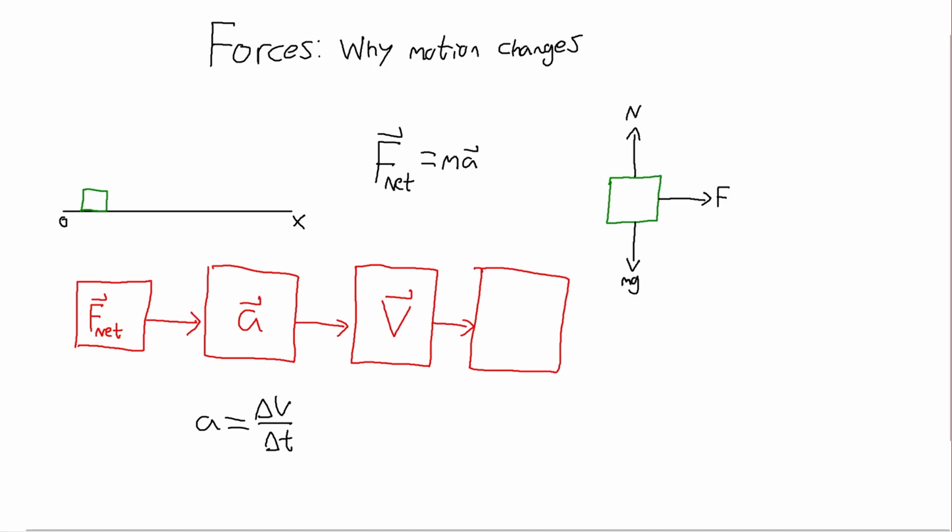And once you have the velocity, you can solve for the position. So forces determine the acceleration, which determines the velocity, and then the velocity determines the position. This is the workflow of a ton of physics problems: you figure out the forces, from that you can get the acceleration, and then from that you can figure out equations of motion that describe how the block would move over time.